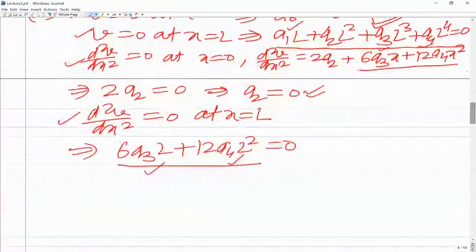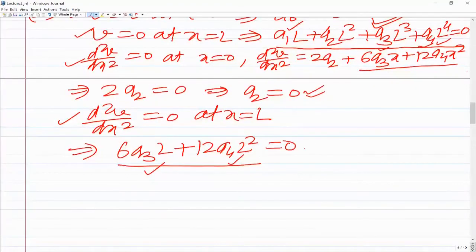It is exactly the way the first problem is done. The only thing is that you have to solve these two simultaneous equations to express a3 and a4 in terms of a1, and then follow the same steps which we did for the first example.